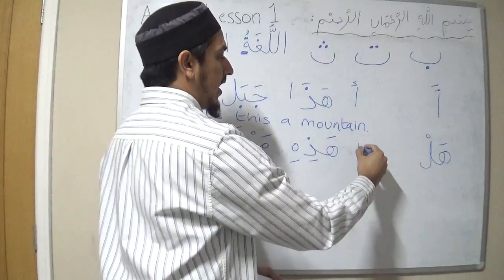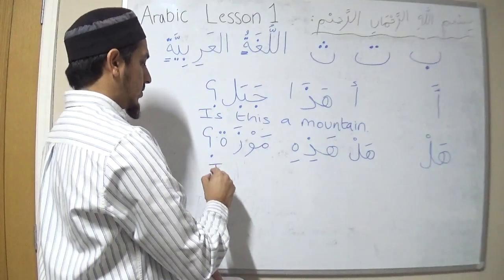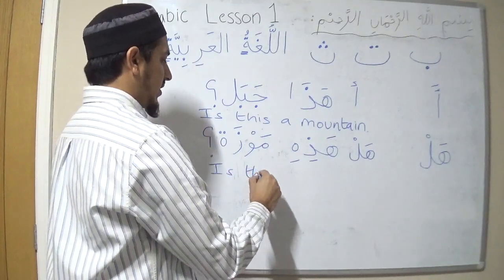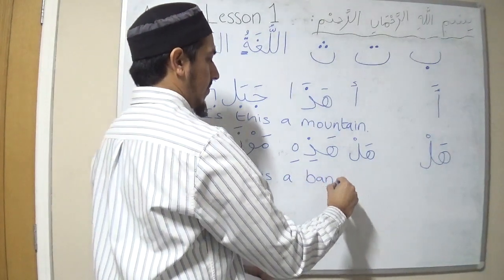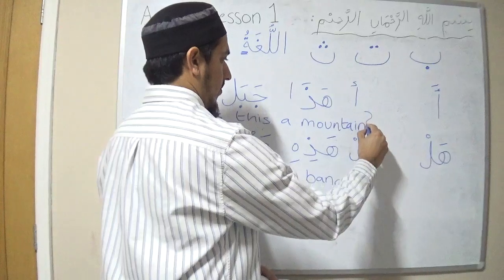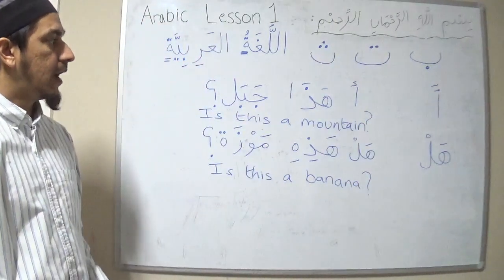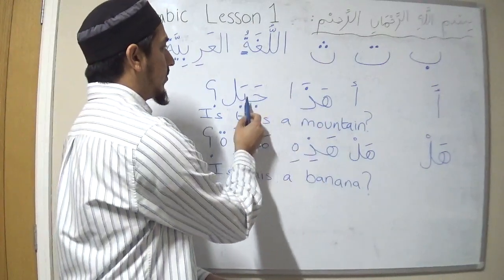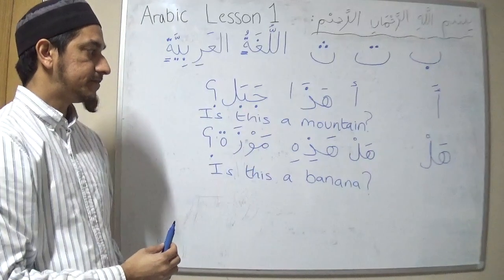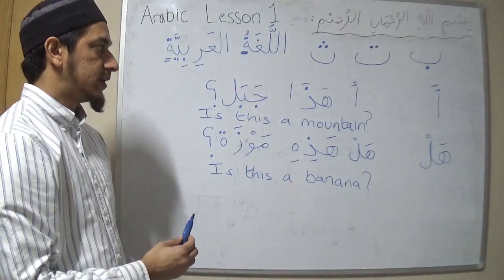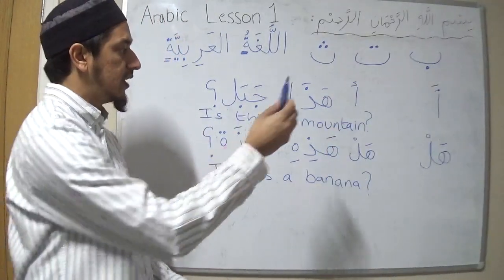So I say هل هذه موزة, which is again going to be asking the question, is this a banana? So try hada with all the letters that we've written down, hadihi with the letters we've written down, and why don't you add أ and hal in front of it as well to ask different questions.